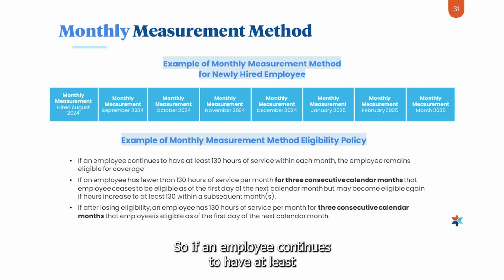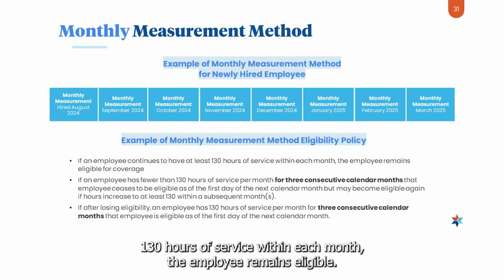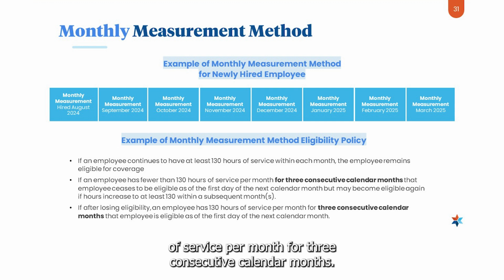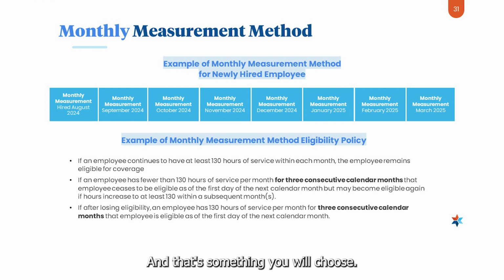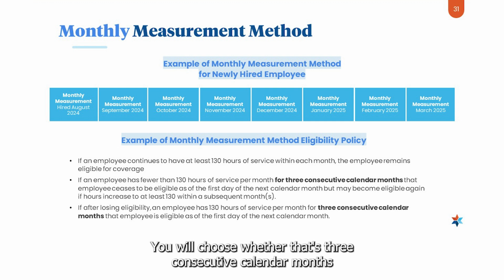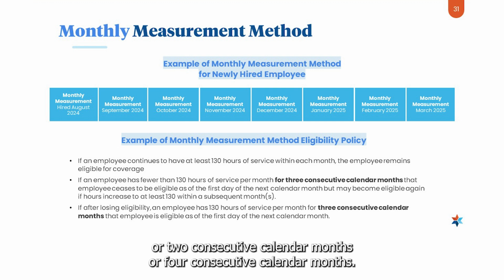not. So if an employee continues to have at least 130 hours of service within each month, the employee remains eligible. If an employee has fewer than 130 hours of service per month for 3 consecutive calendar months, and that's something you will choose. I talked about how you will fill in the template and make some decisions. You will choose whether that's 3 consecutive calendar months or 2 or 4.